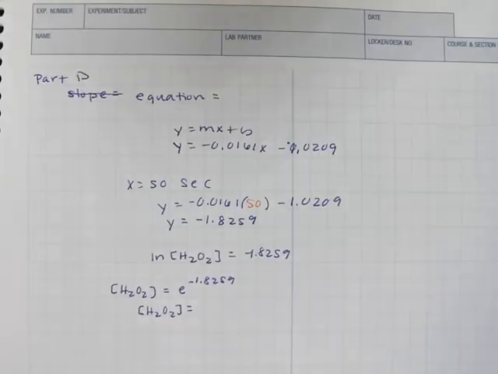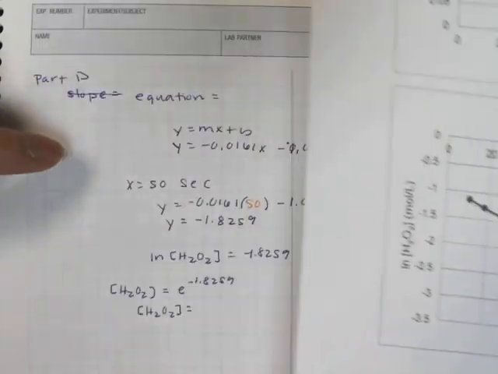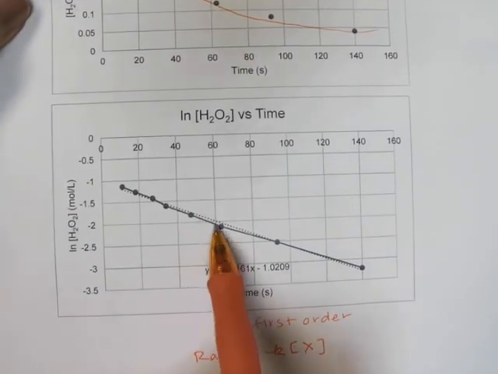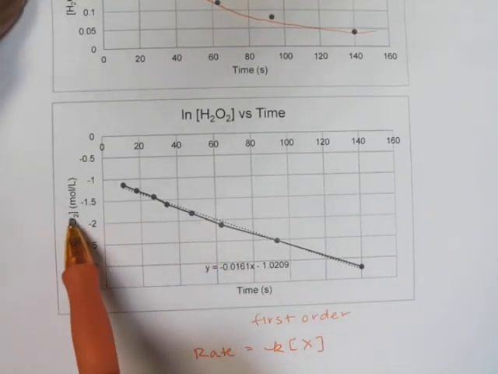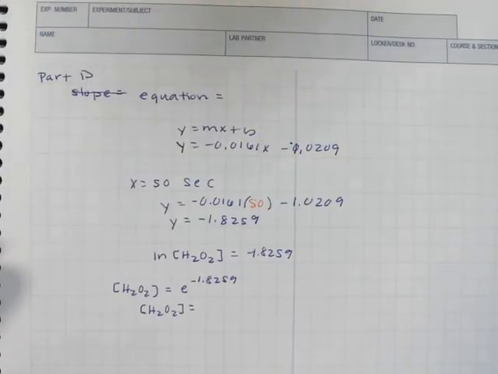Okay, if you're trying to figure out the calculations from part D, again, you have to go back to your graph to try to figure this out. So in my case, my goal time is 50 seconds. So you could eyeball here and go to 50 seconds and see that the natural log of H2O2 is around a little over -2.